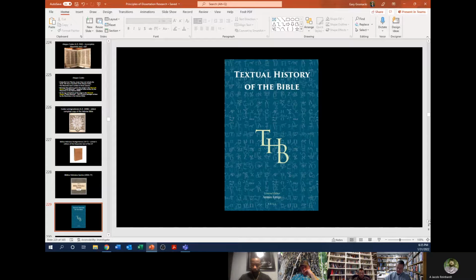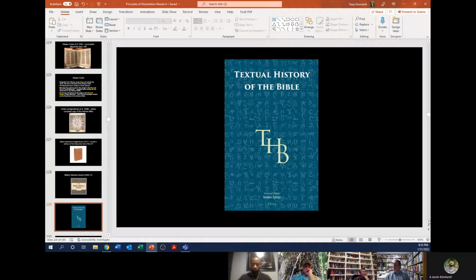And then, for instance, the textual history of Koheleth would be, if you were studying Ecclesiastes, you would want to get a copy of that, like the earliest developments, Hebrew text. So it deals with all details regarding textual criticism, comparing texts. You get into variants, including variants from Qumran.